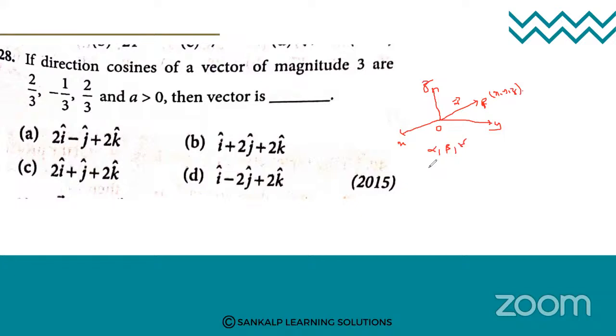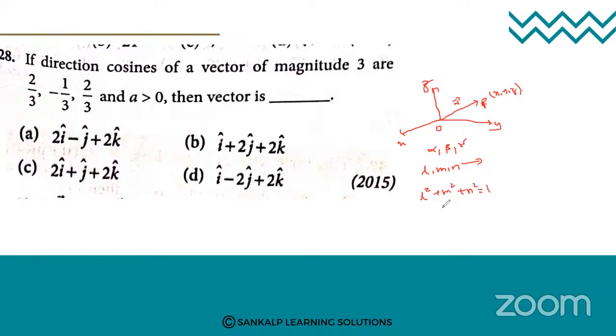When we take the cos of alpha, beta, and gamma, we get l, m, n. So these l, m, n are the direction cosines, and there is a relation between them. Always l² + m² + n² = 1.